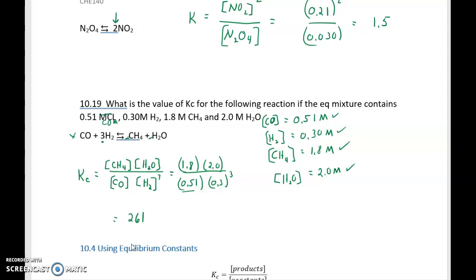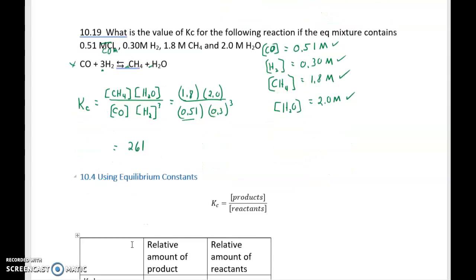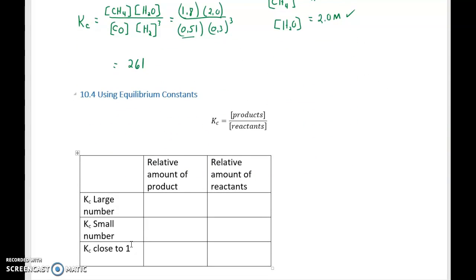So we can also use our equilibrium constants because we know that the equilibrium constant is equal to the products over the reactants. We know that if the equilibrium constant is a large number, we'll have lots of product and a small amount of the reactants.